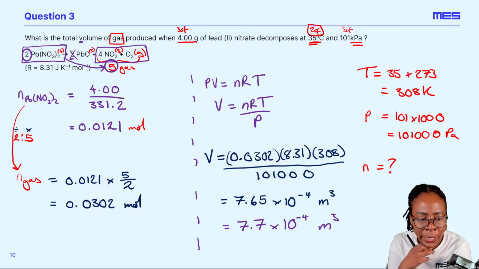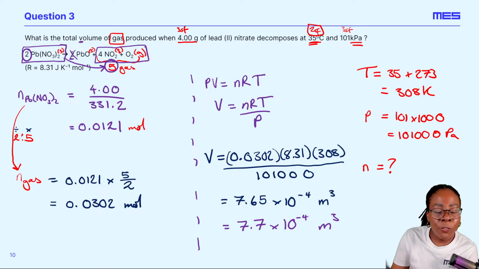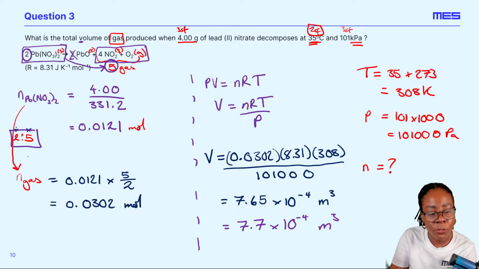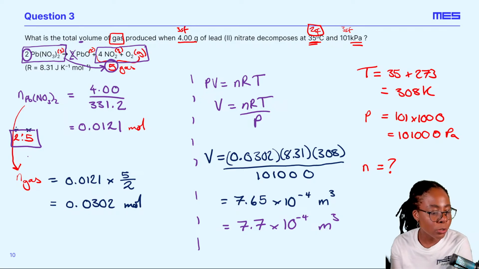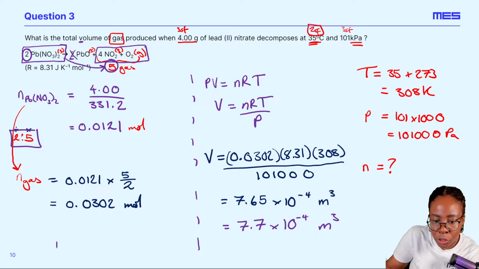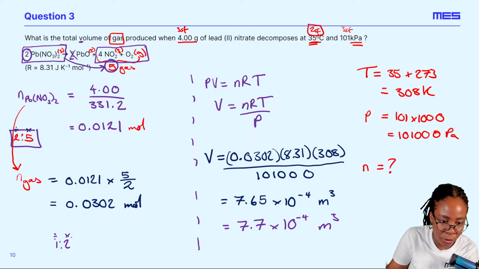Why divide moles by 2? So we're dividing the moles by 2. Well, we're not dividing it by 2. We're multiplying it by 5/2 because that's our molar ratio. Our ratio from our lead-2 nitrate to our gas is a 2:5 ratio. And so to use that 2:5 ratio, we divide by 2 and then times by 5. In the same way that if it was a 1:2 ratio, then we divide by 1 and then times by 2.